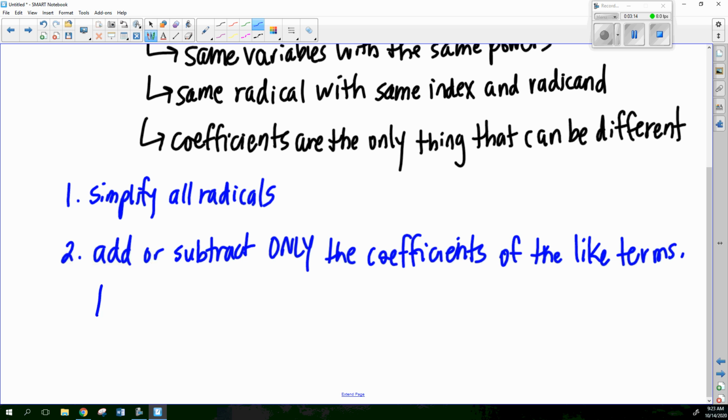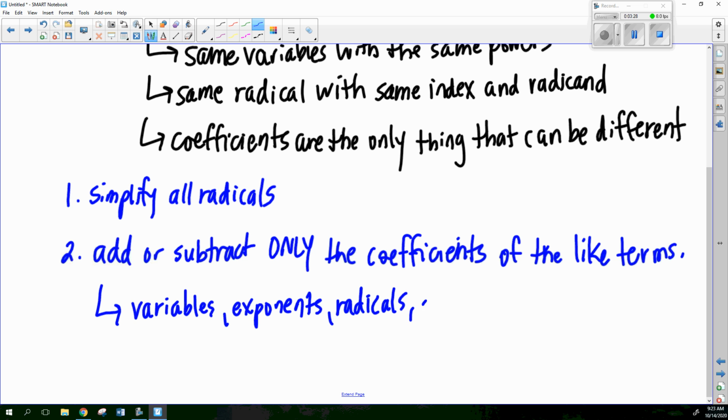Which means variables, exponents, radicals, and indices, that's plural for an index, stay the same.